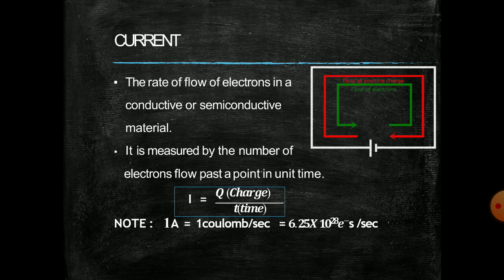Similarly, if charge is flowing through any path for a particular time period, then that is called current. Note that 1 ampere is equal to 1 coulomb per second, that is 6.25 into 10 raised to 18 electrons per second.